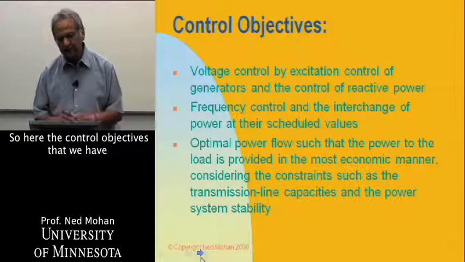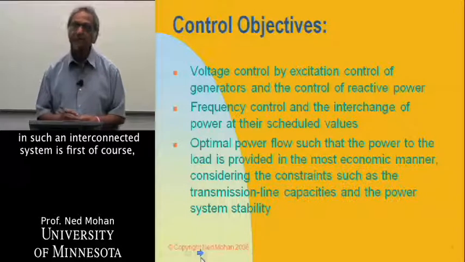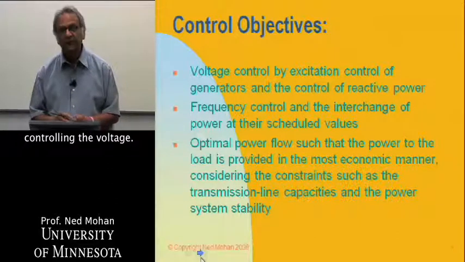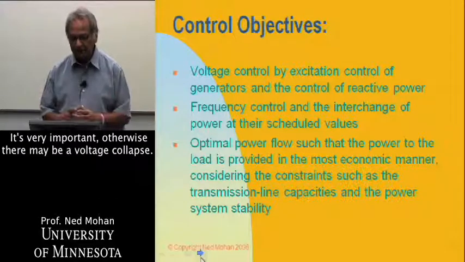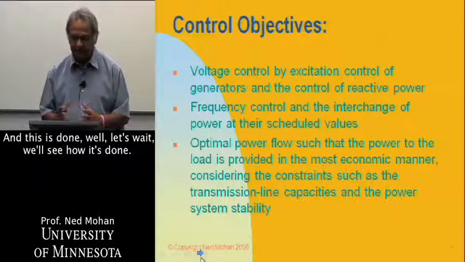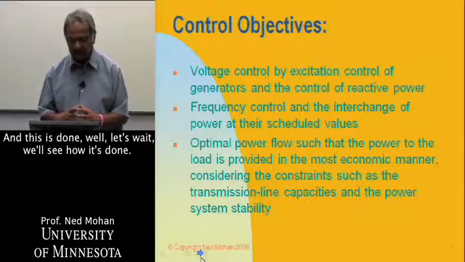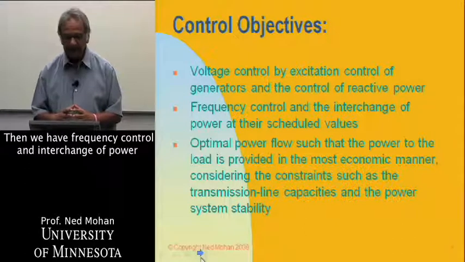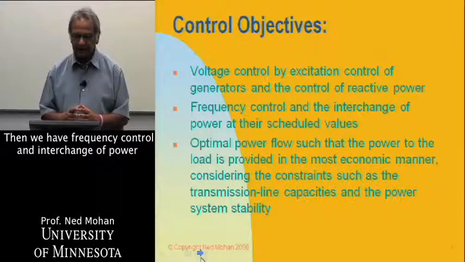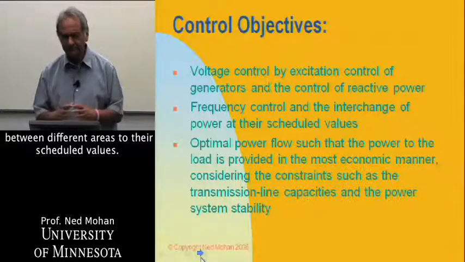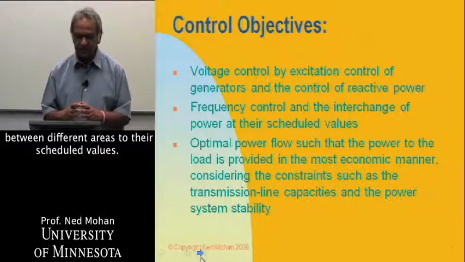So here are the control objectives that we have in such an interconnected system. First, of course, controlling the voltage, very important. Otherwise, there may be a voltage collapse. Then we have frequency control and interchange of power between different areas to their scheduled values.